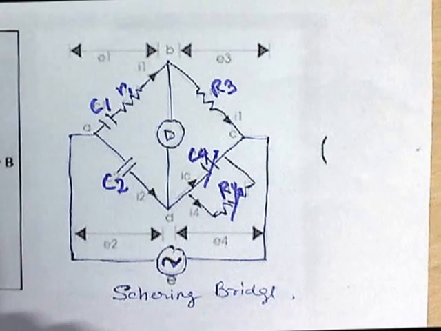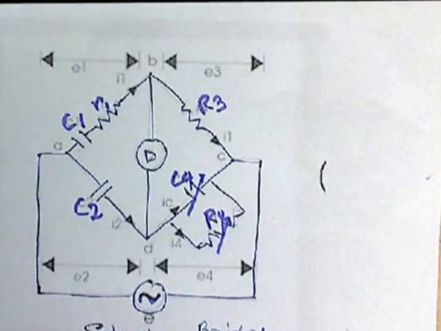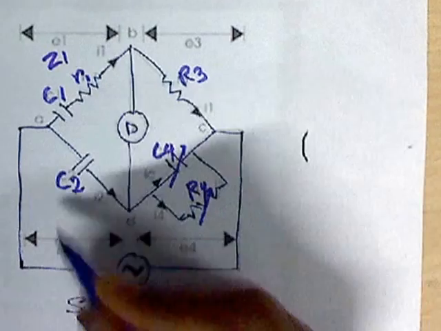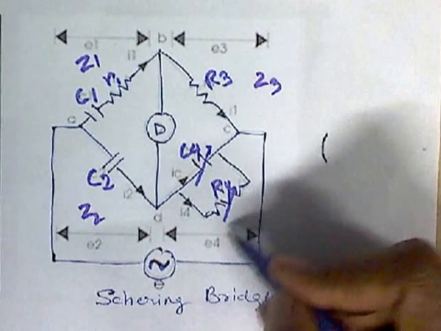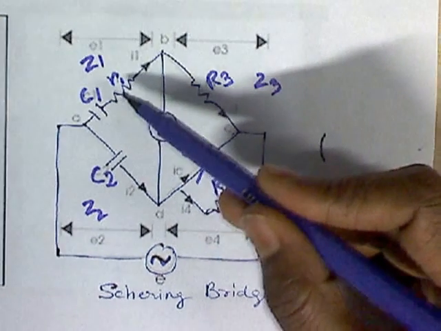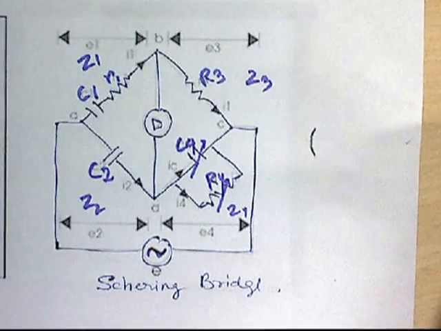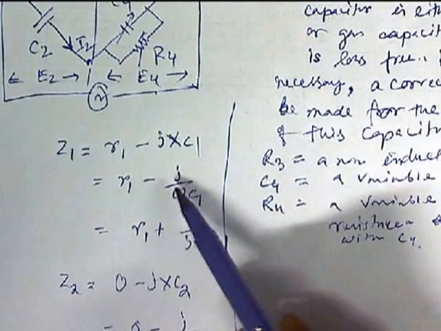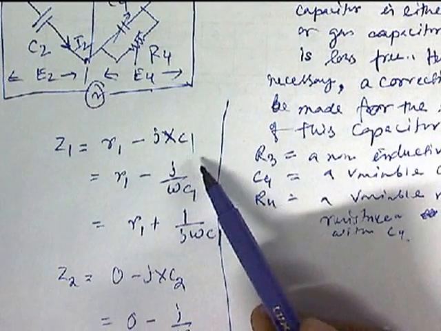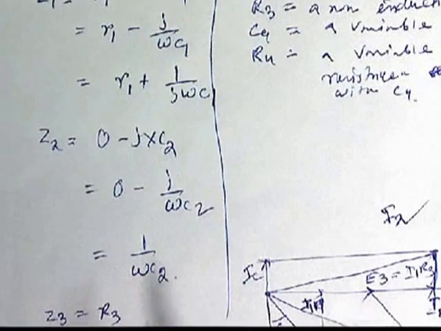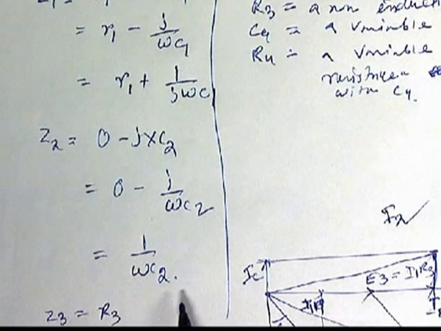Now we can see that the impedance of this arm is Z1, this is Z2, this is Z3, and this is Z4. Z1 is equal to R1 plus 1 by j omega C1, and Z2 is equal to 1 by j omega C2.